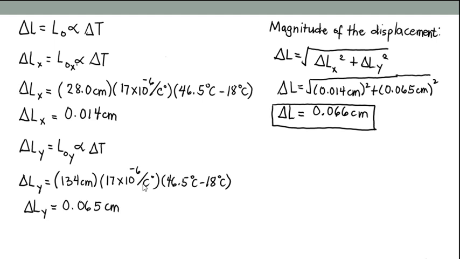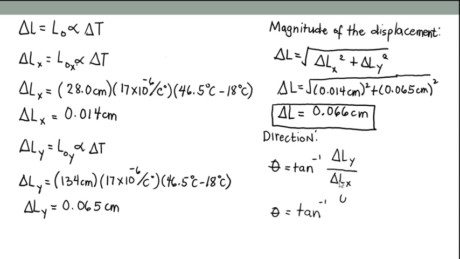For the direction of the displacement, or theta, we will compute it using the inverse tangent of the change in length along the vertical divided by the change in length along the horizontal. By substitution, we have the inverse tangent of 0.065 cm divided by 0.014 cm.